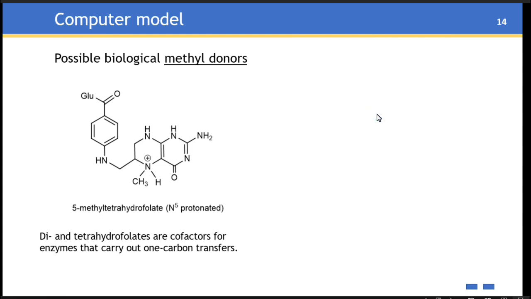Now, what kinds of methyl donors might one see in a biological system? The best candidate would be related to 5-methyl tetrahydrofolate. That's this whole thing right here. It's a well-known cofactor involved in 1-carbon transfer reactions. For this to be an effective leaving group, this nitrogen must be protonated.